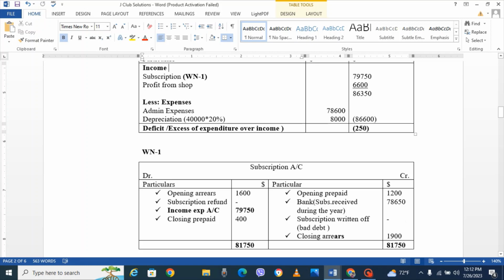So at first write opening prepaid. On the credit side, write opening prepaid, which is valued 1,200, and closing prepaid would be on the debit side, that is 400. Likewise opening arrears, last year's outstanding, on the debit side 1,600, and this year's arrears on the credit side, that is 1,900.